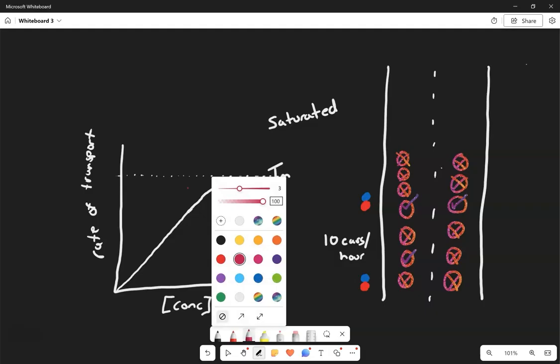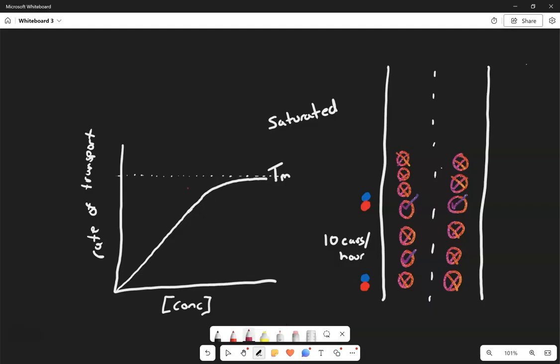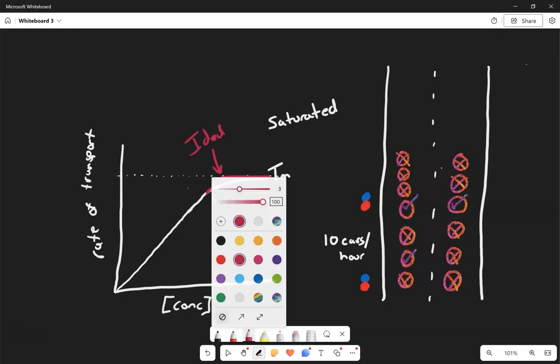Now, if we were to continue at a true 1-to-1 ratio, we would come up and then come up here and then eventually level off and come straight across. Okay, so this here is sort of like ideal function, right? Whereas in white, we have what is reality.